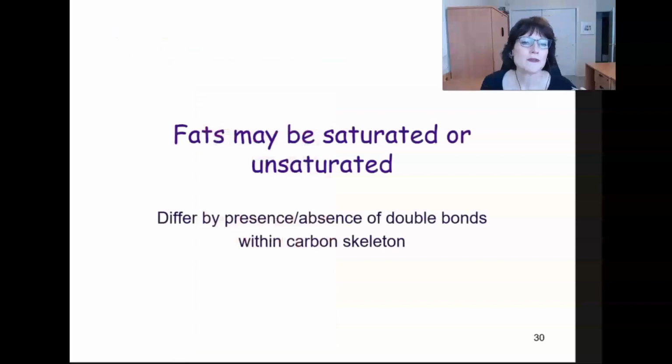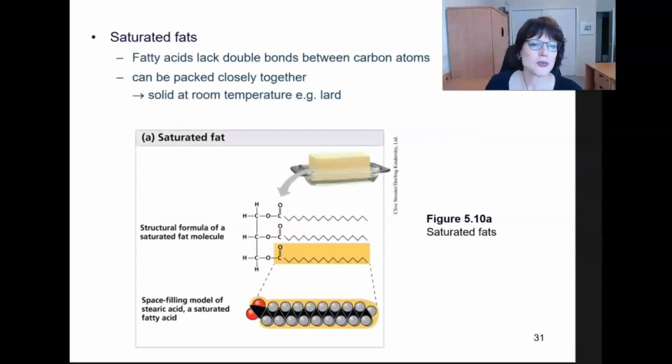So you've heard of saturated and unsaturated fats. What's the difference? It has to do with the presence or absence of double bonds. Here you have an example of a saturated fat. Here's our 3-carbon backbone, the glycerol backbone, that has the fatty acid chains.